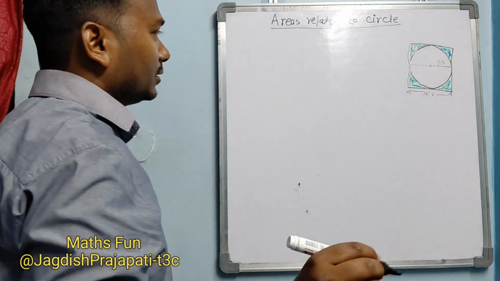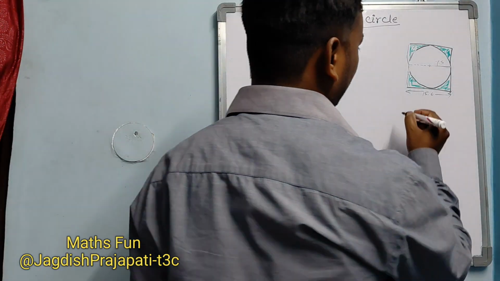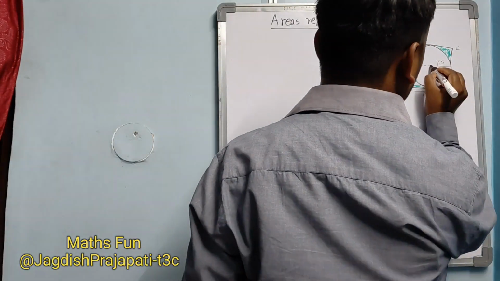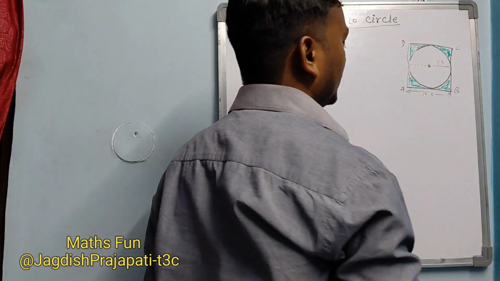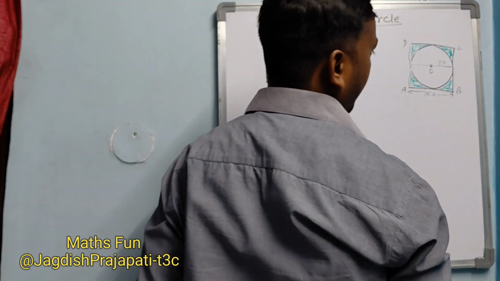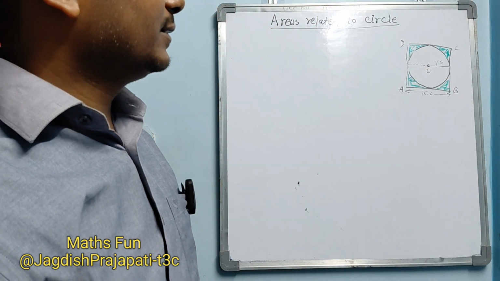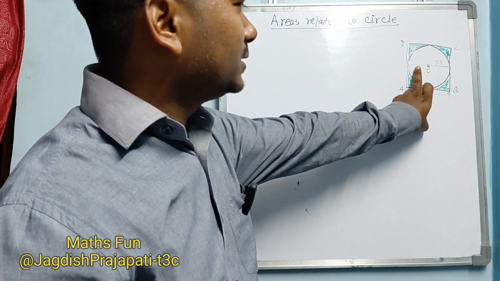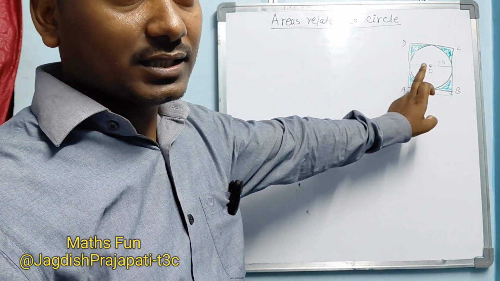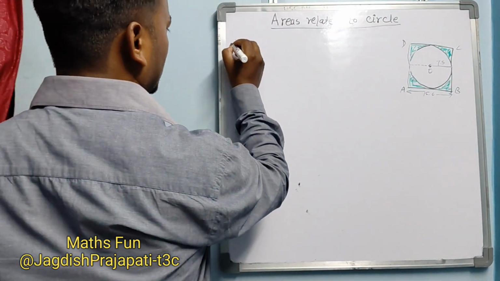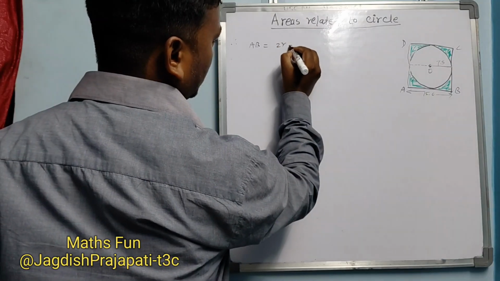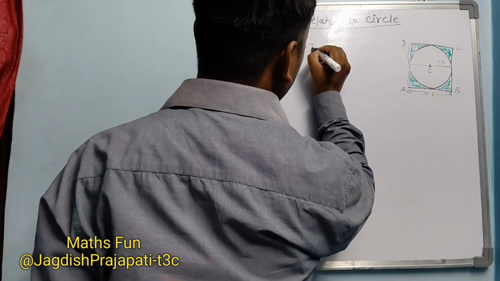So therefore, okay, you please write down. Let ABCD be a square and the inscribed circle has center O. Since the side of the square will be equal to the diameter of the circle, therefore side of the square AB equals 2R, that is 2 into R. R is 7.5.